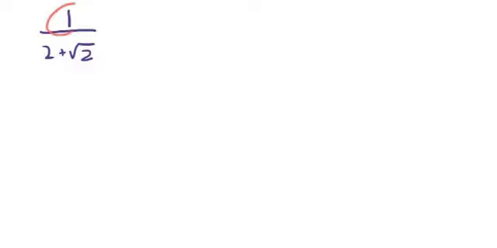Question 5 is 1 over 2 plus root 2. So not 2 times root 2, 2 plus root 2. So that changes what we do.